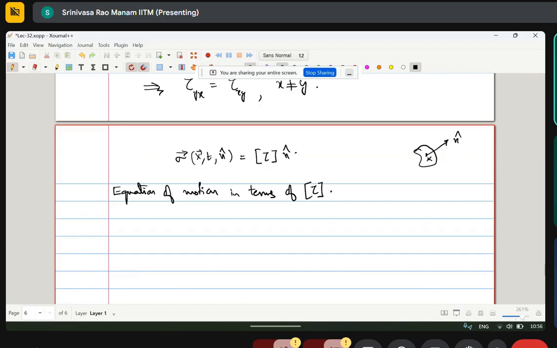Actually, you don't say it's a matrix, components of tau. So let's write it like this, Tij, i and j between 1 and 3.